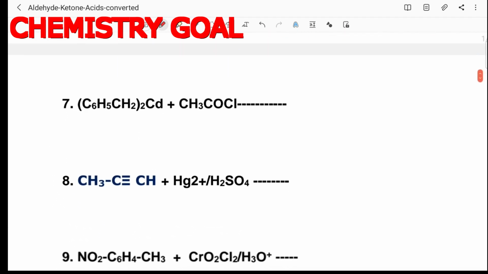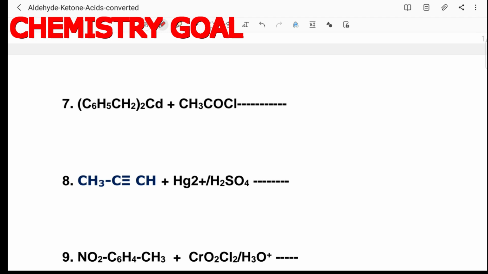Then reaction 6: (C6H5CH2)2Cd, a cadmium compound, with CH3COCl, an acid chloride. Here dibenzyl cadmium reacts with acetyl chloride. This is a very important reaction, the formation of a ketone.